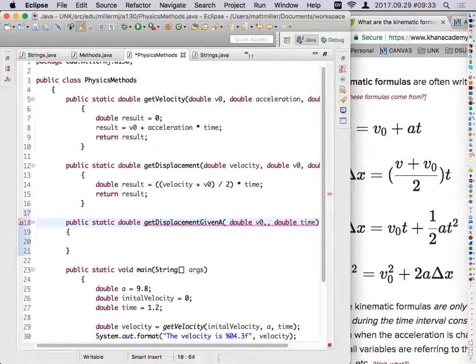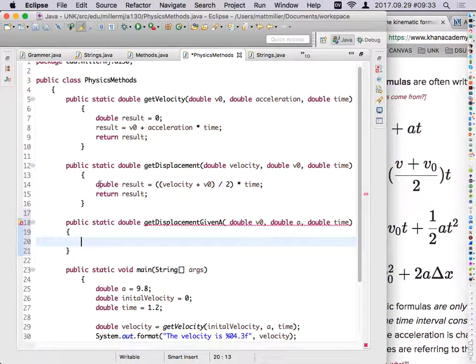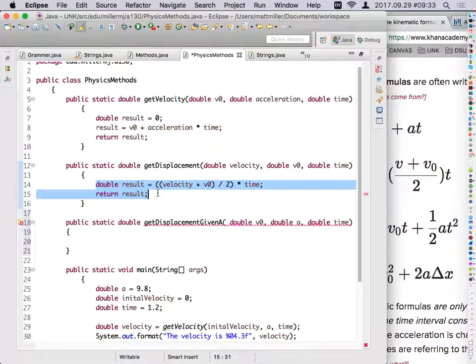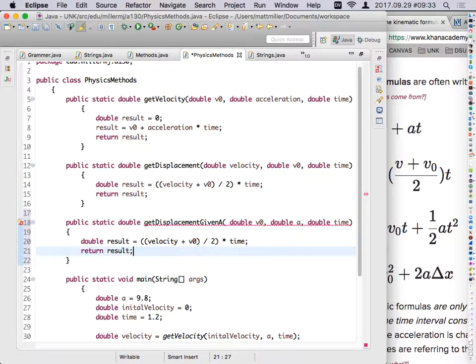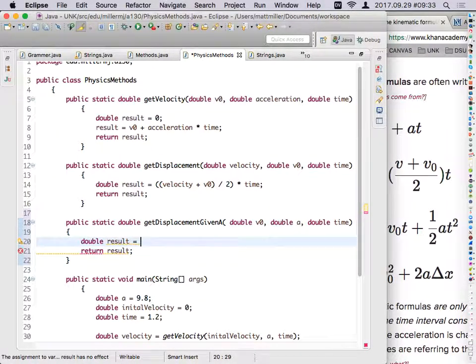We have time. We have acceleration. I'm an efficient programmer, so I don't type things over and over again that I don't need to.